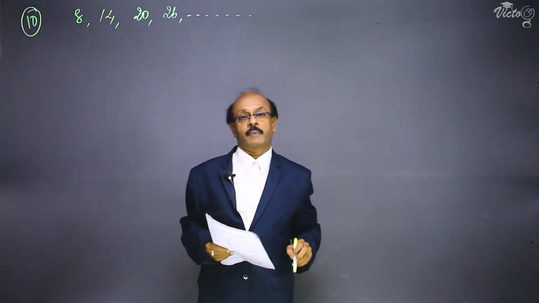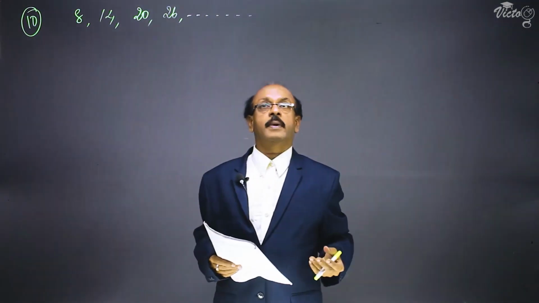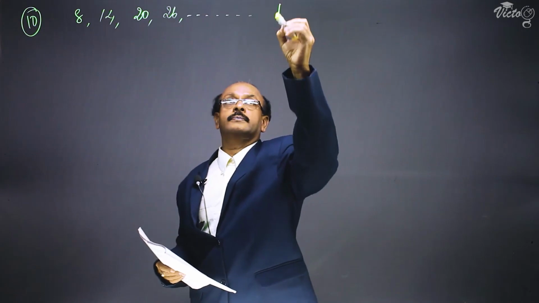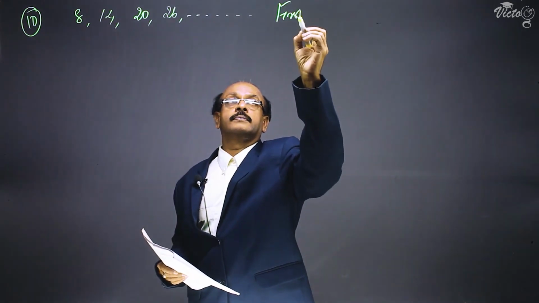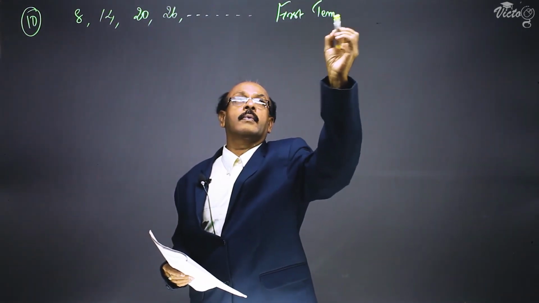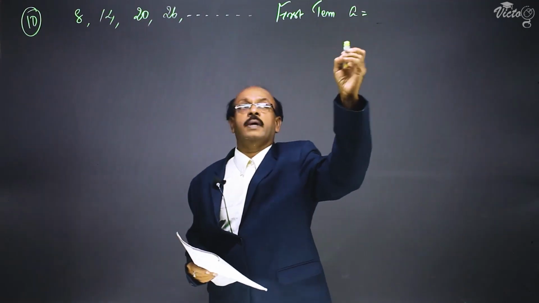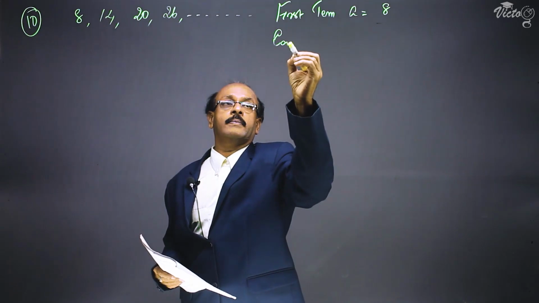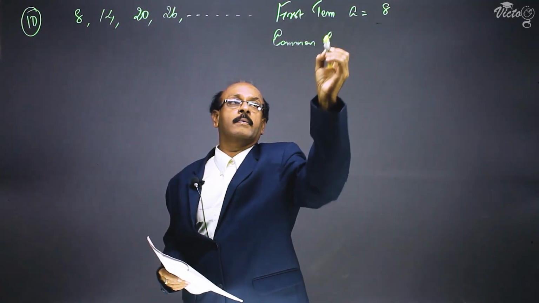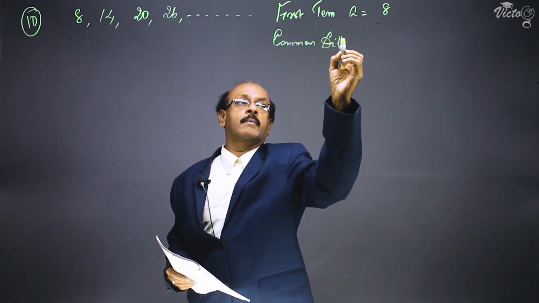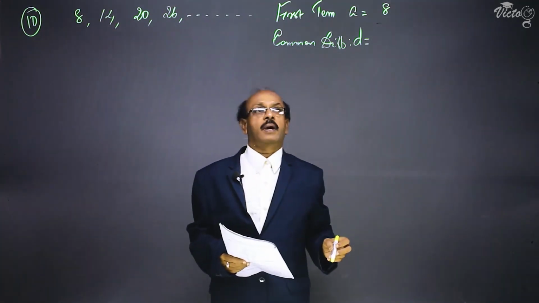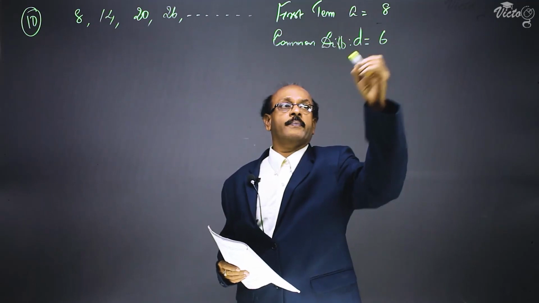From the given AP, we can find the first term and common difference. First term A is equal to 8. Then common difference D is equal to 14 minus 8, which is equal to 6.